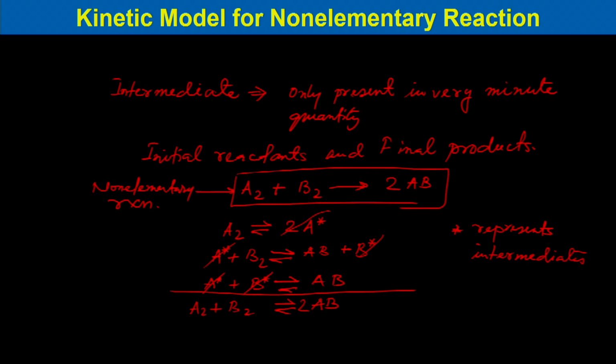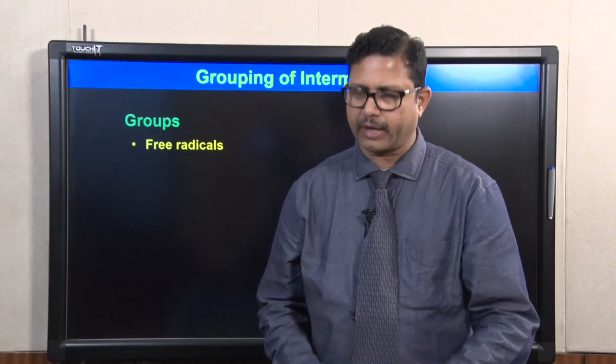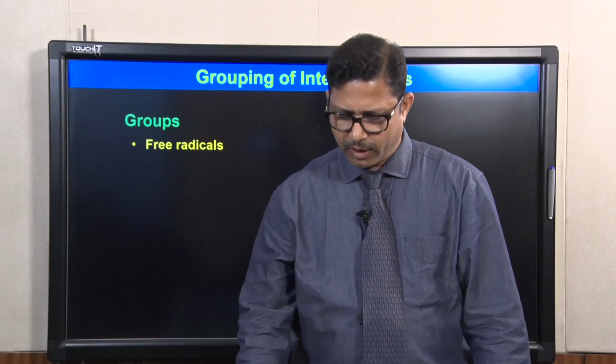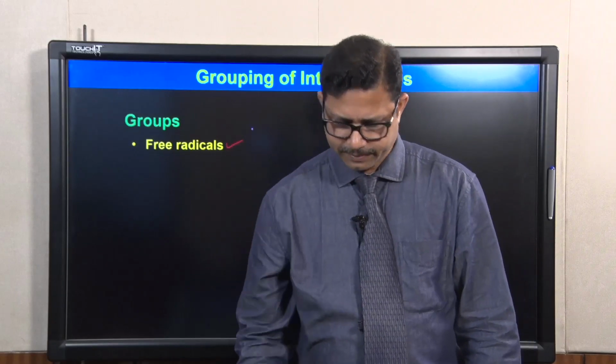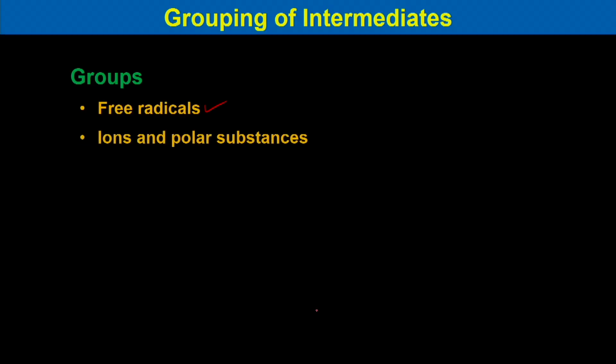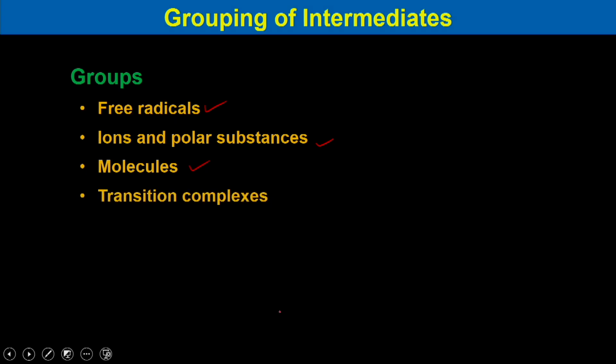Regarding the kinetics of this reaction, the intermediates can be grouped in 4 different categories. One is free radicals, the second is ions and polar substances, then molecules, and then transition complexes.